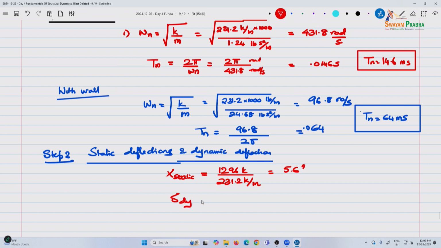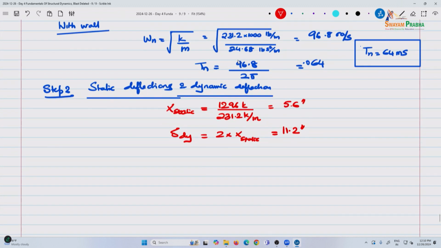Delta dynamic is equal to 2 times x static, which is a fairly high number, 11.2 inches, but 25 psi is also a fairly high number. Is it practical? No. Is it elastic behavior? No. But at this point we are studying the characteristics numerically.